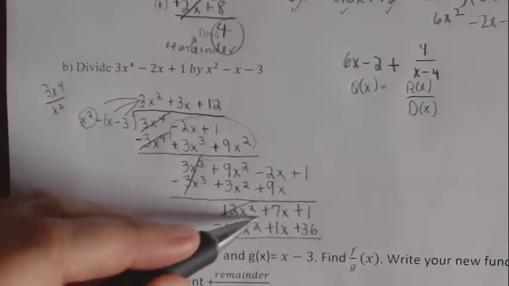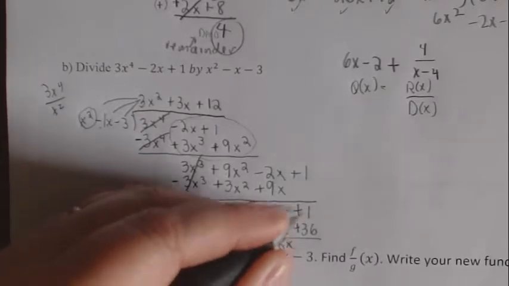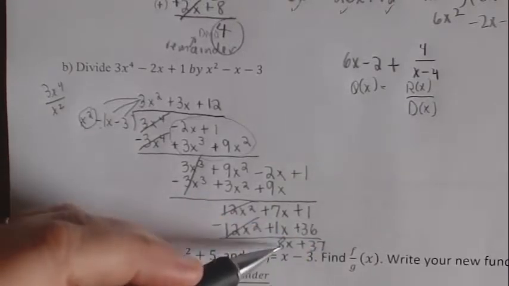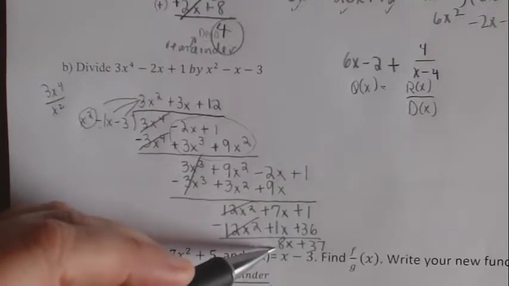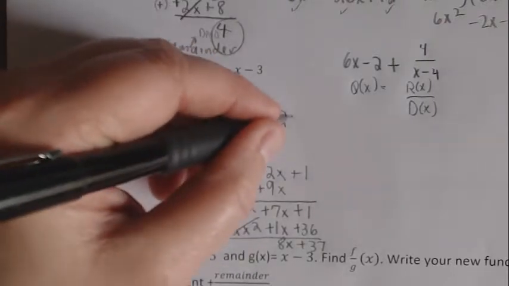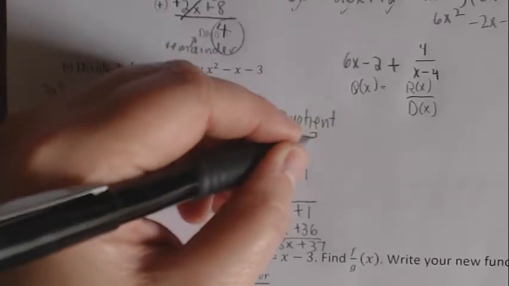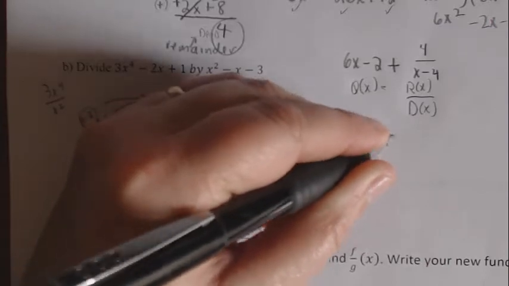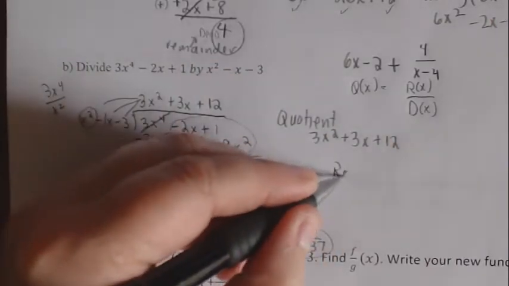These cancel. 7x plus 1x is 8x. 36 and 1 is 37. So you have a degree 1 here and you're dividing by degree 2, and that's how you know that's your remainder. So your quotient is this, 3x squared plus 3x plus 12, and your remainder is this.